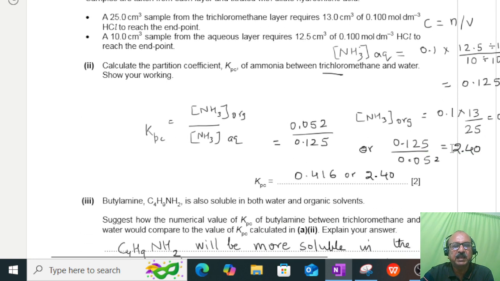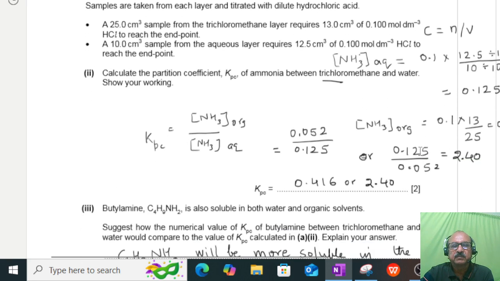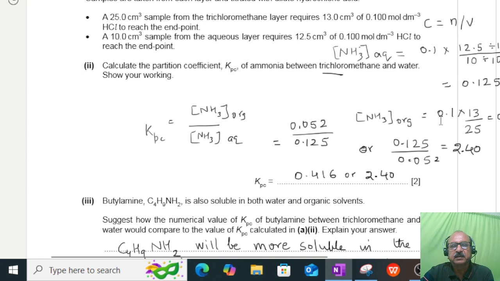In the same way, we can get the concentration in the organic layer, which is 0.1 times 13 divided by 25. The 1000 gets cancelled, so we get 0.052. So in the organic layer it is 0.052, and in the aqueous layer it is 0.125.